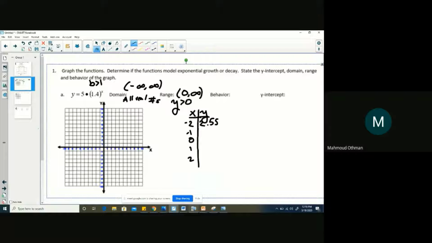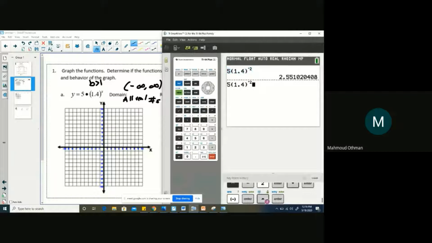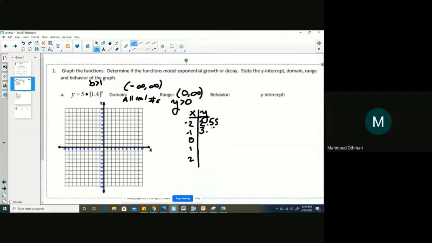Now let's try the same function, except it's going to be a -1. So now I got 3.57, or 3 57/100ths. If I try 0, I know that's going to be 5, and I'll show it on the calculator anyway.